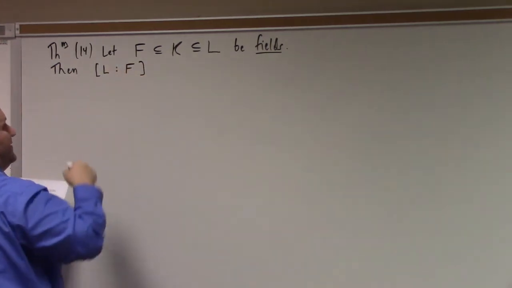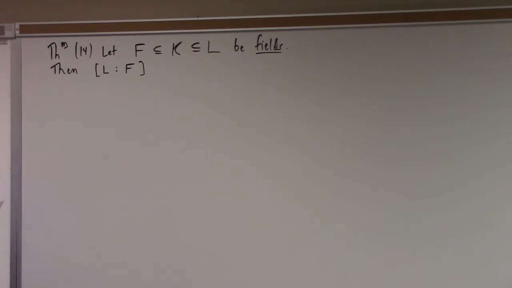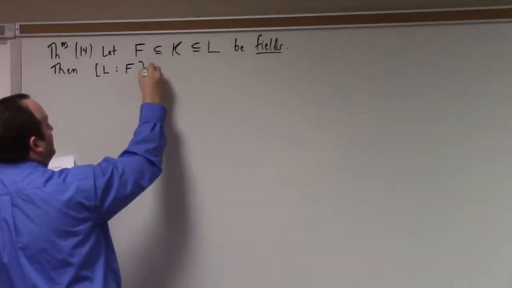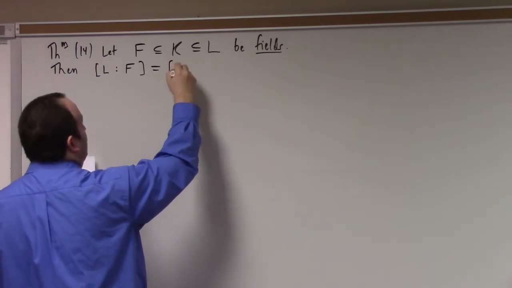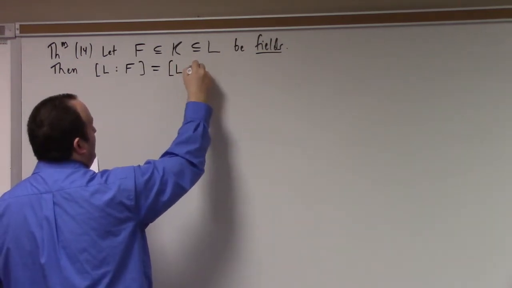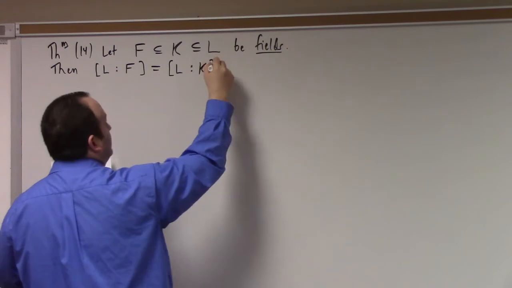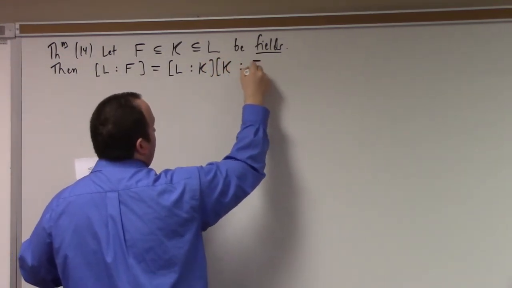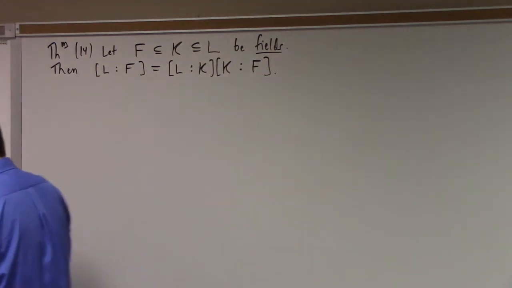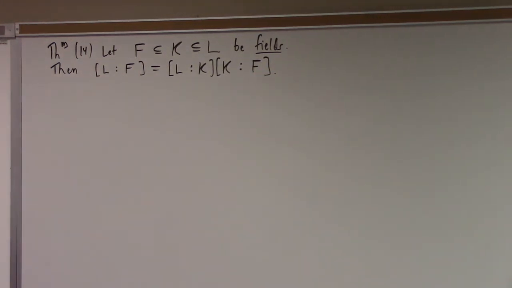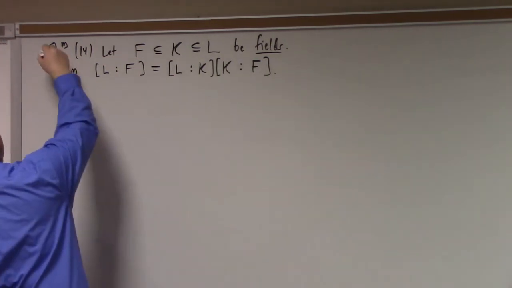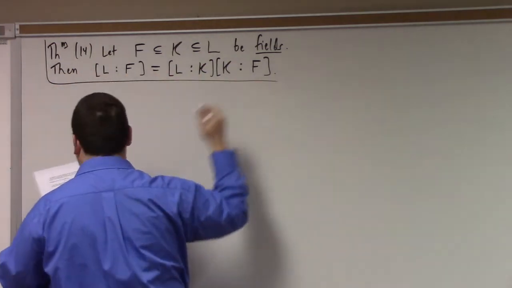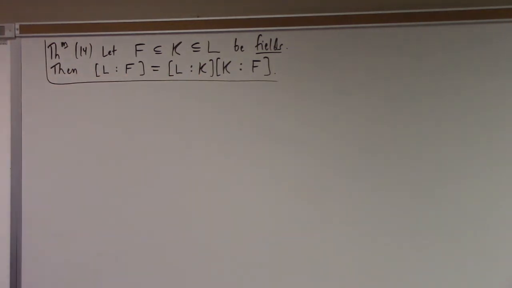So the dimension of L as a vector space over F is equal to the product of the dimension of L as a vector space over K with the dimension of K as a vector space over F. As he says, the extension degrees are multiplicative. Also, if one side is infinite, the other side's infinite.